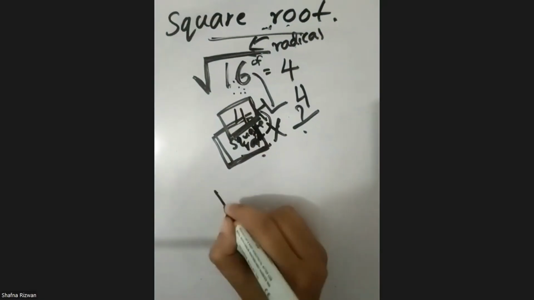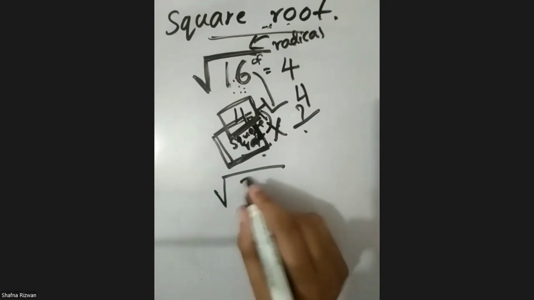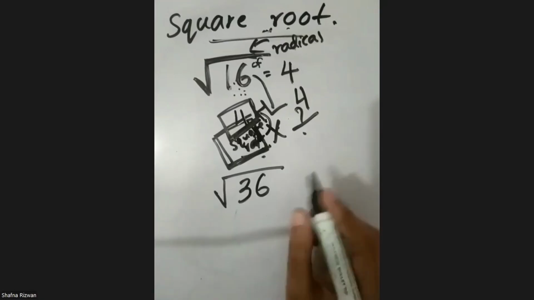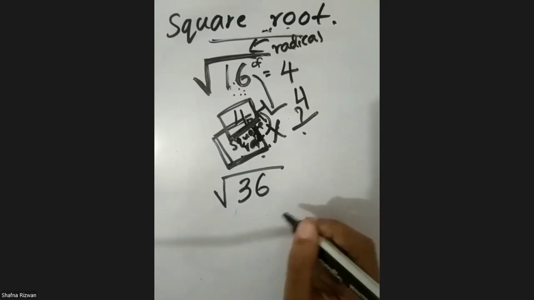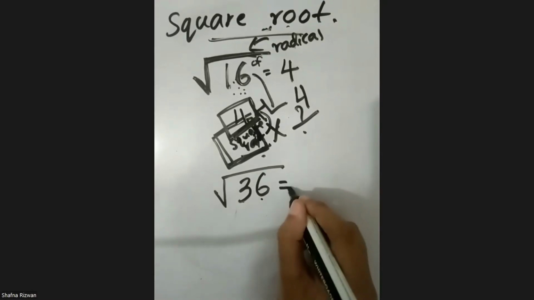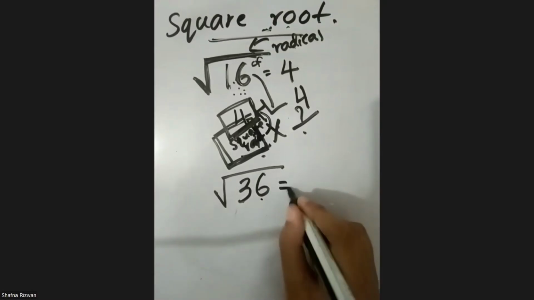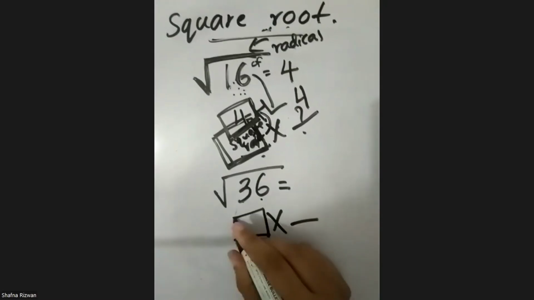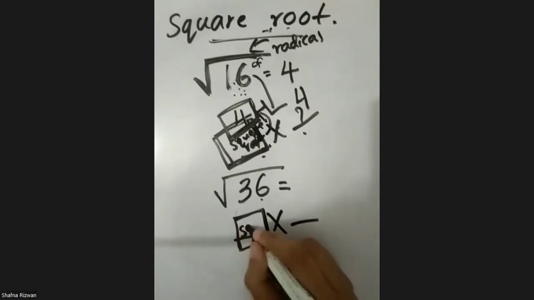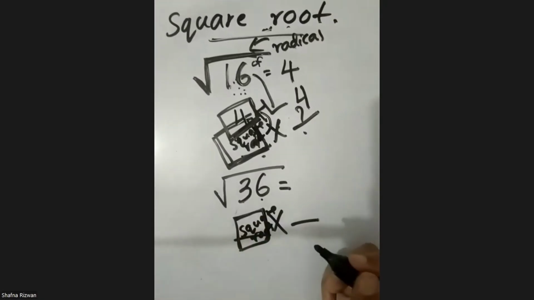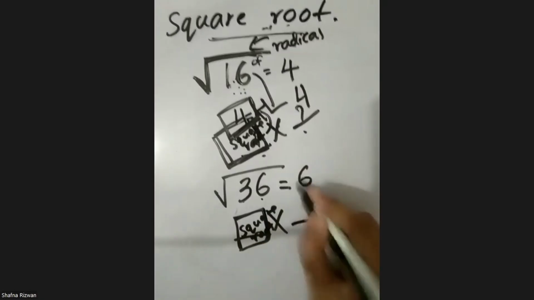Now if I give you something like this, 36, find me the square root of 36. What will you say? It should be the number which you multiply by itself. That number will be your square root of 36. So what is that number? That is 6.